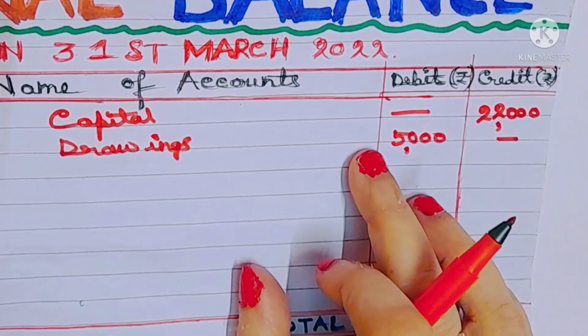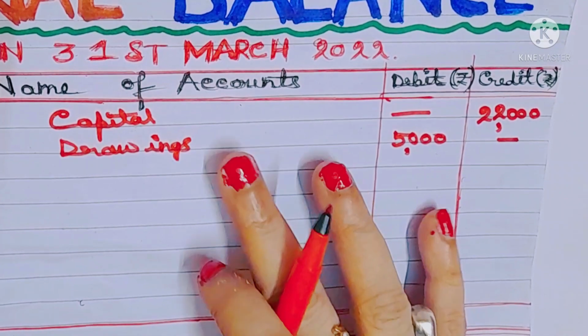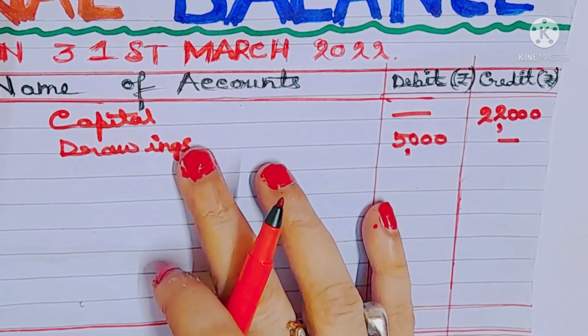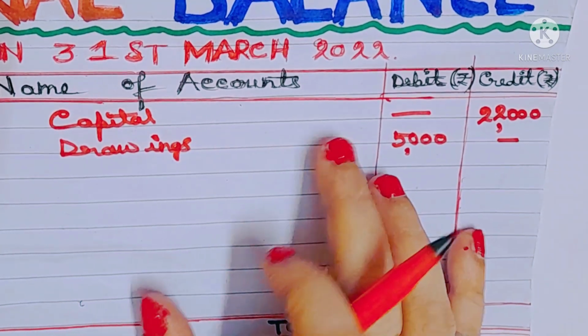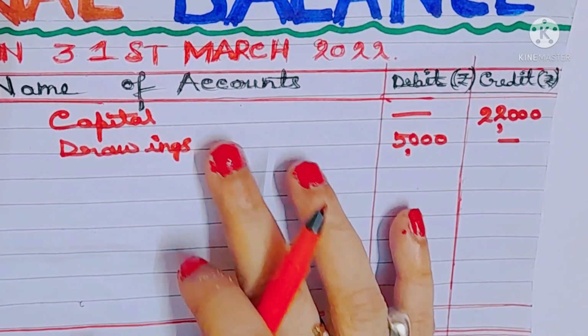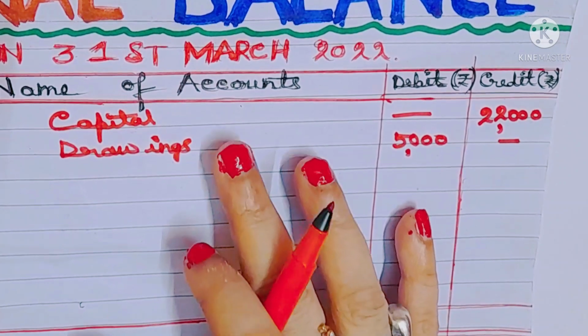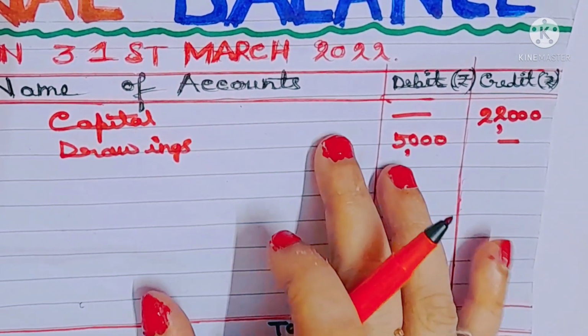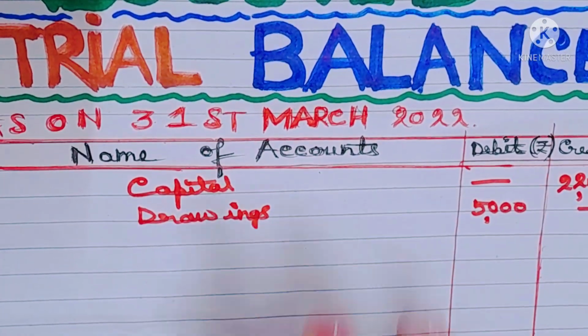Why is drawings debit? Because drawings falls under personal account. According to personal account, the receiver of the benefit is debit. Here, when the proprietor withdraws cash, he is the receiver of cash. Understood? So drawings will be debited. Let's see the next account.